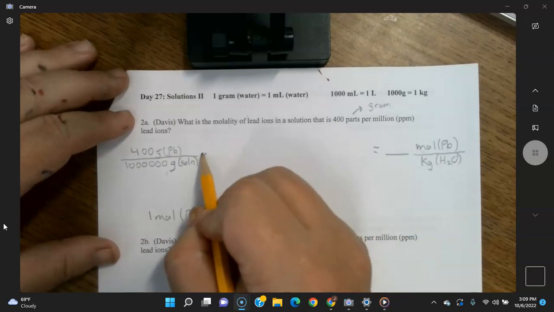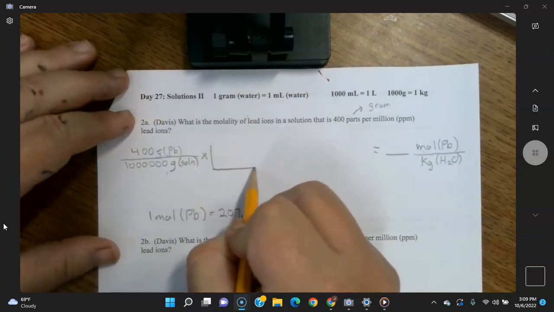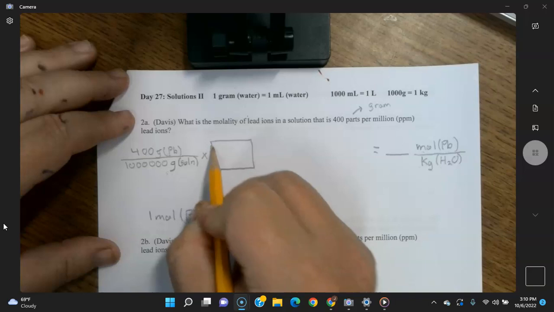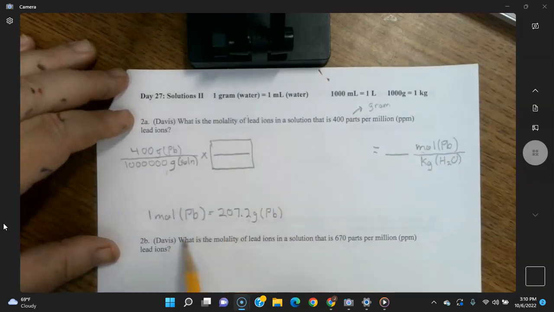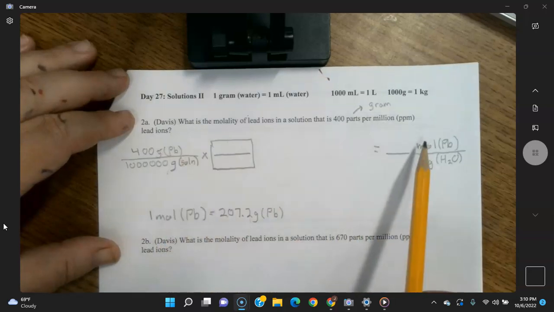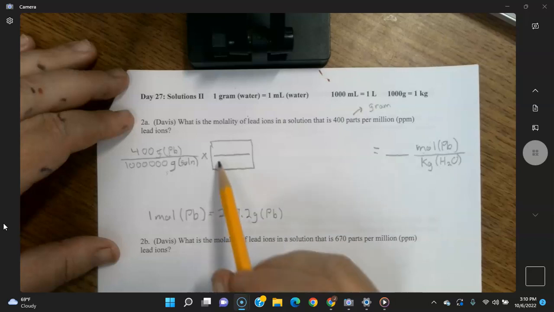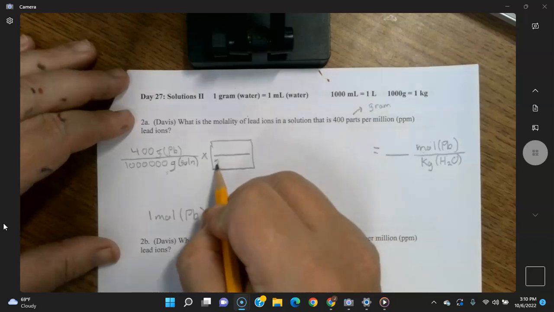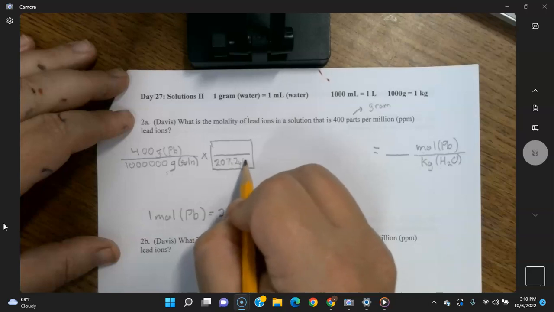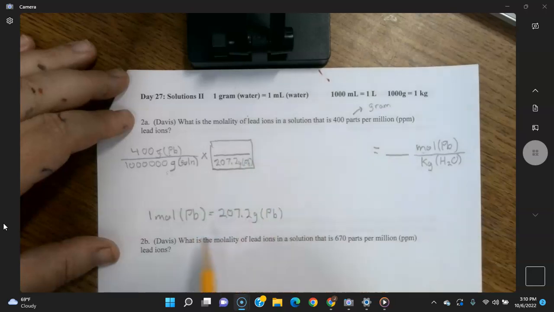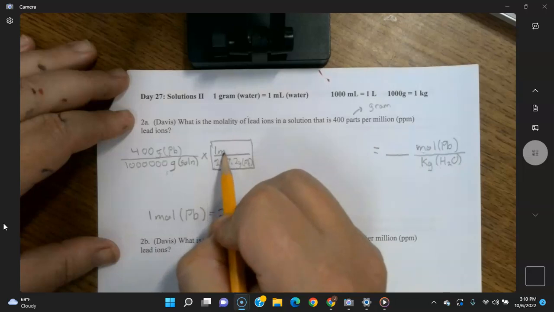So we're going to draw a box here. Okay, so which one of these two goes on top? Which one goes on bottom? Well, we need grams to cancel out and moles to appear on the top. So we're going to put grams down at the bottom, and we're going to put the moles on the top.